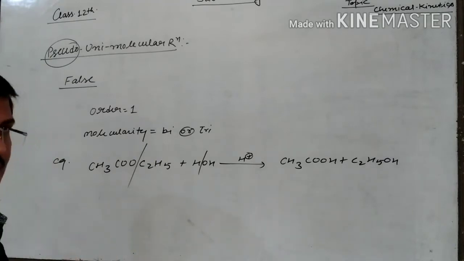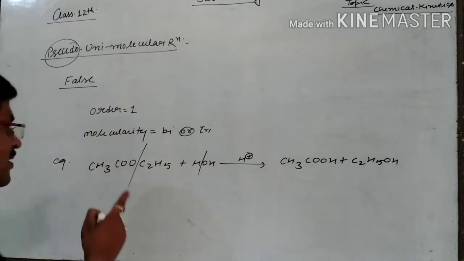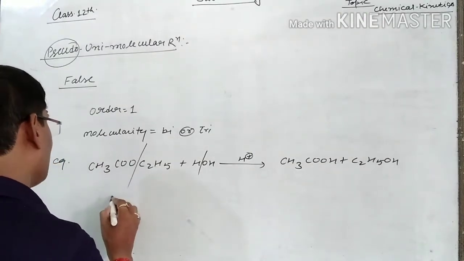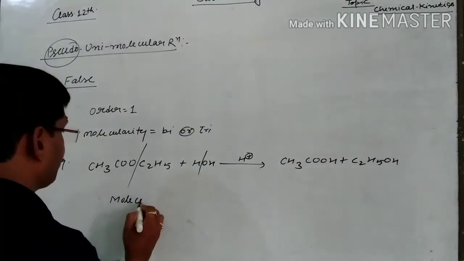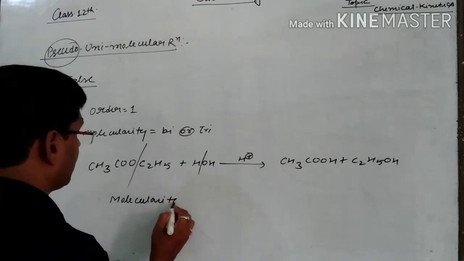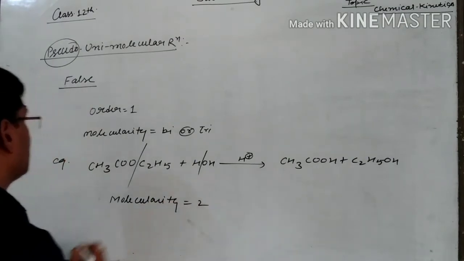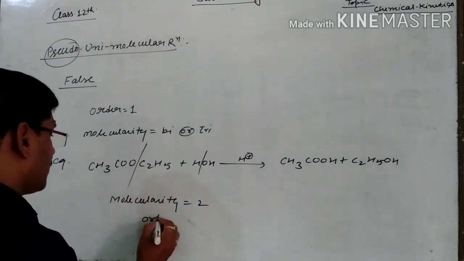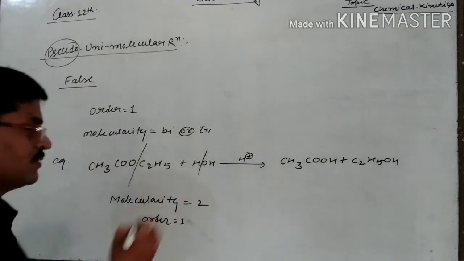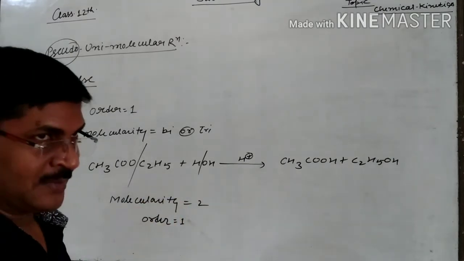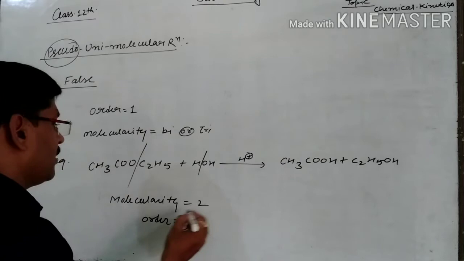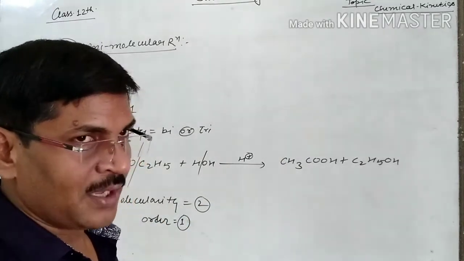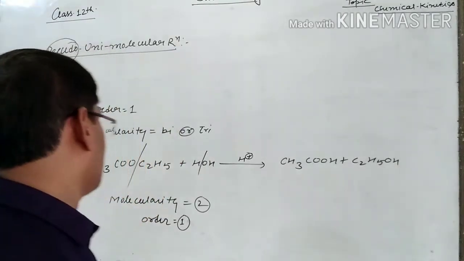The reaction is already balanced; if you want, you can check. You see that the number of molecules participating in the reaction is 2. So what will be the molecularity? Molecularity is 2. But what is the order? Order is 1. As in the definition I am narrating, order is 1 and molecularity is bi or tri. That is the example of a pseudo unimolecular reaction.